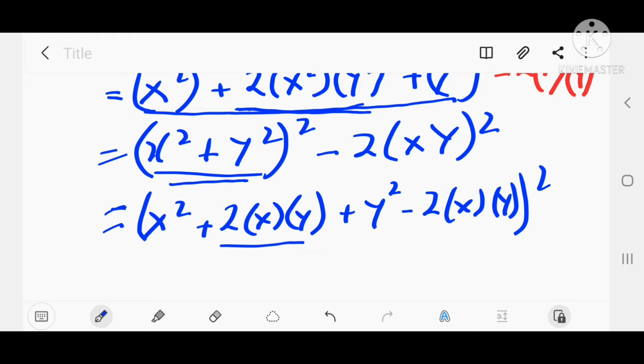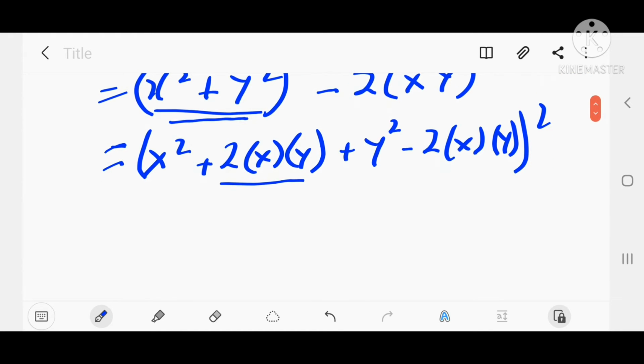So we bring the minus, the minus 2xy squared. So this will be equal to, and we can bring it together.